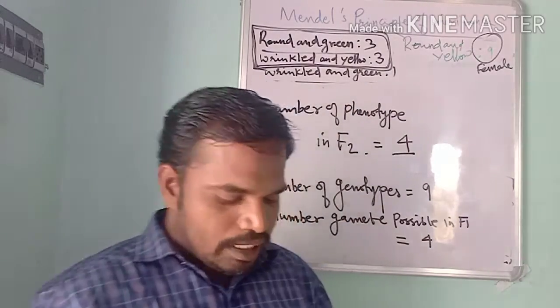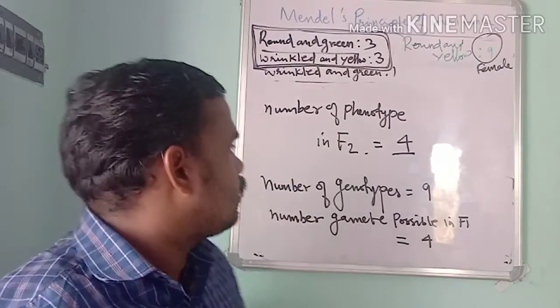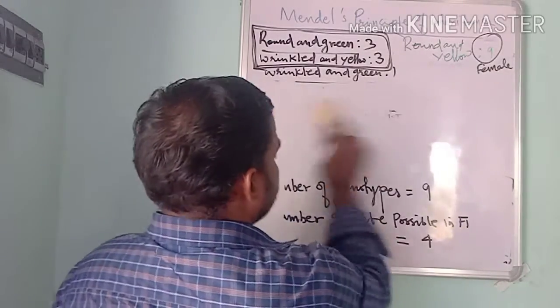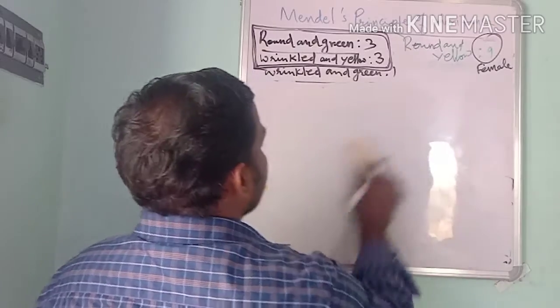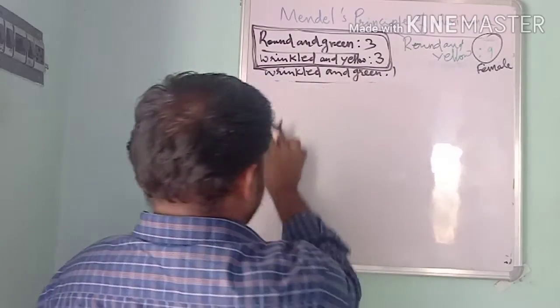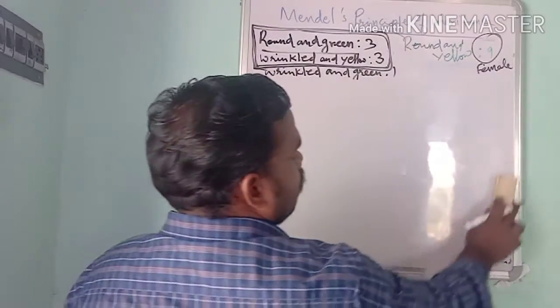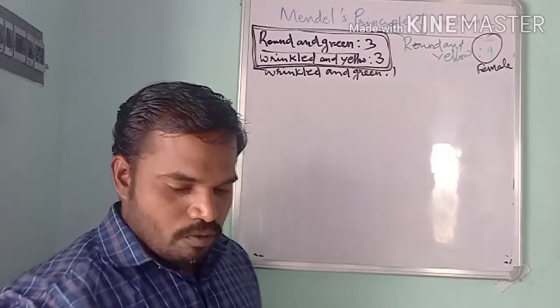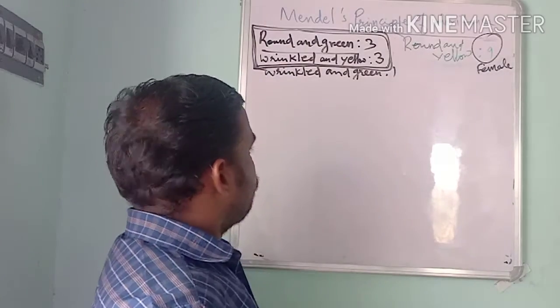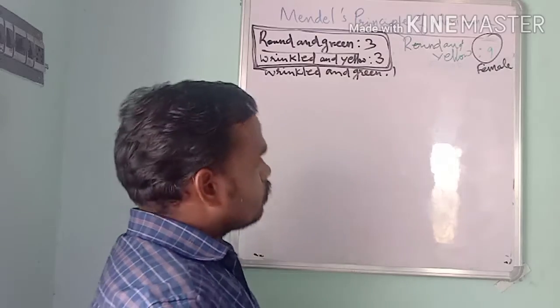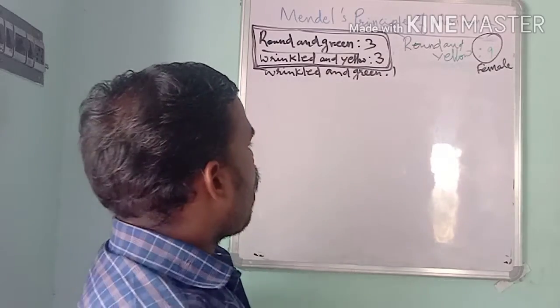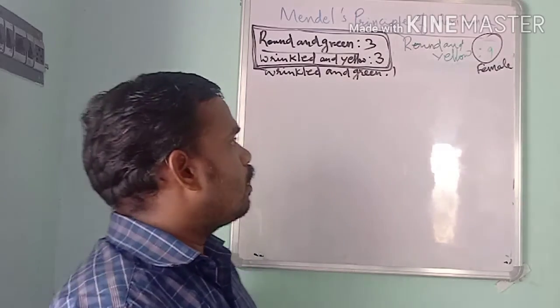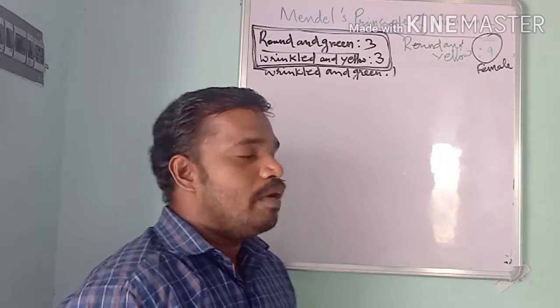So dihybrid explains the law of independent assortment. Law of independent assortment. So what is the law of independent assortment? So when two pairs of contrasting traits are crossed, one trait is independent of another trait and expressed independently.